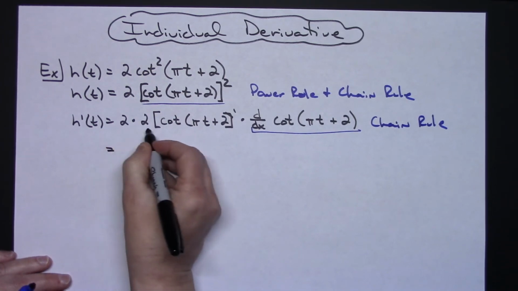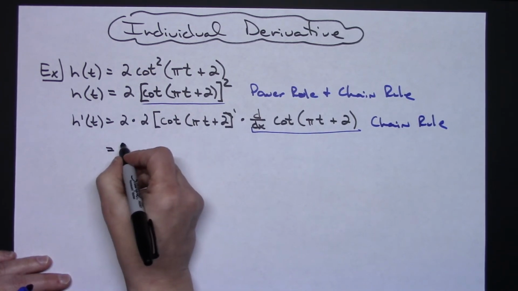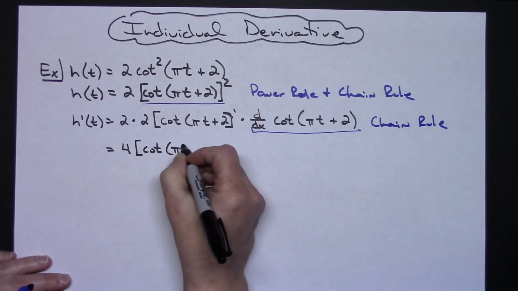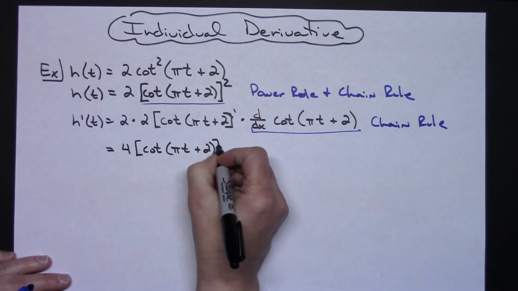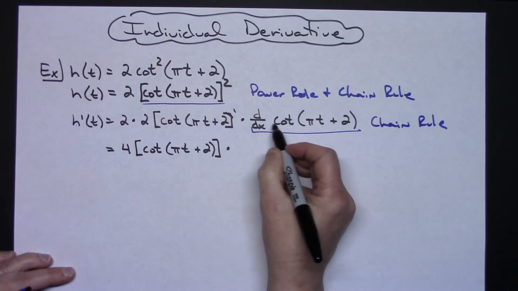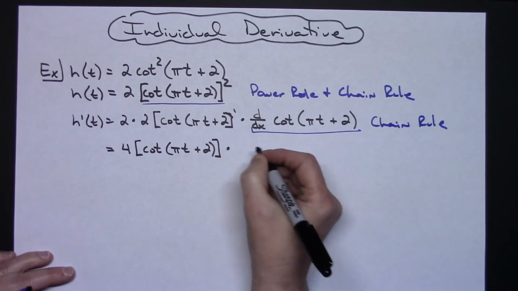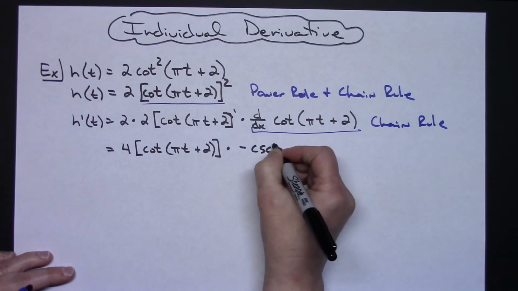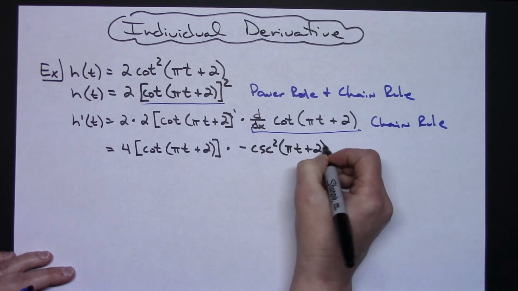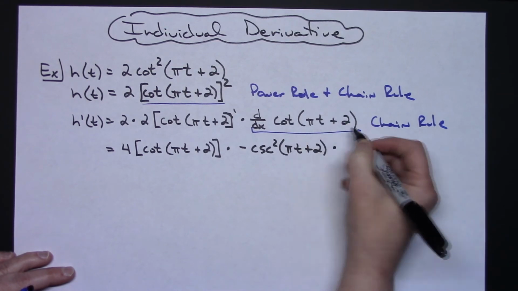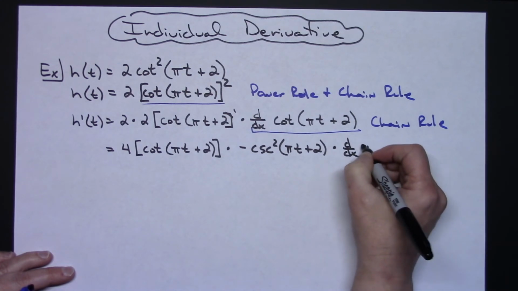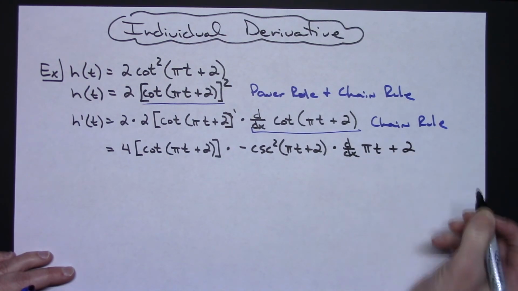I will go ahead and multiply those two things out there, so I'll have a 4 times cotangent of pi t plus 2, and I am going to drop the 4 there, times, now derivative of this outside function, derivative of cotangent is negative cosecant squared. Keep the inside function, and then times the derivative of that inside function. So d dx of pi t plus 2.